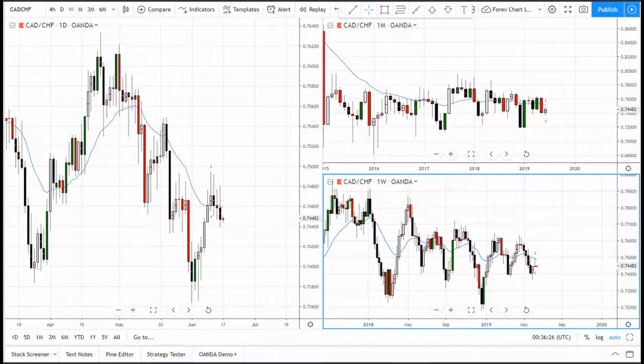Okay, let's take a look at the Canadian dollar versus Swiss franc Forex pair. But before I start, I get a lot of questions about my charting software. The charting software I use is TradingView. It is a web-based charting platform, so you can access your charts anywhere in the world as long as you have an internet connection. You don't have to install any third-party programs or browser extensions.